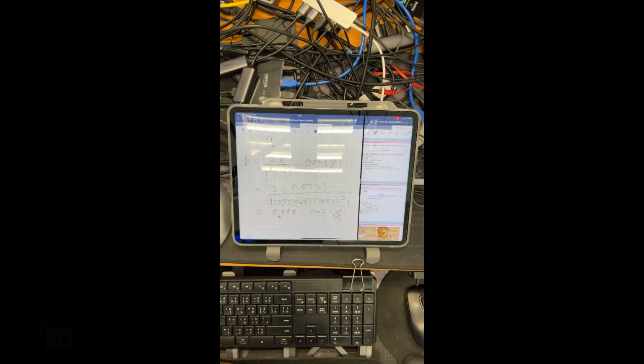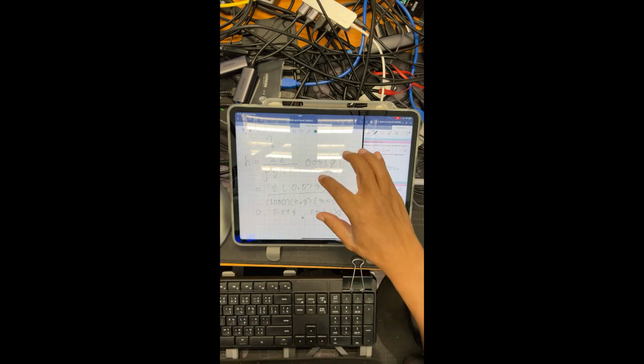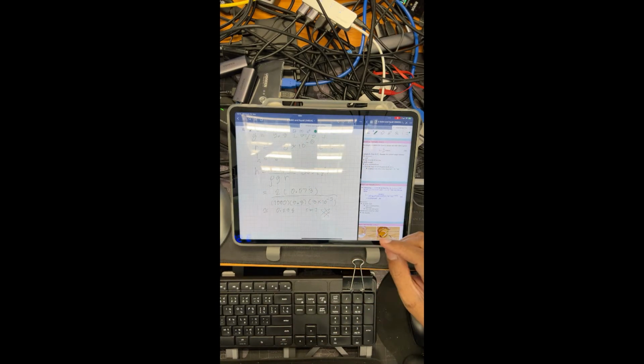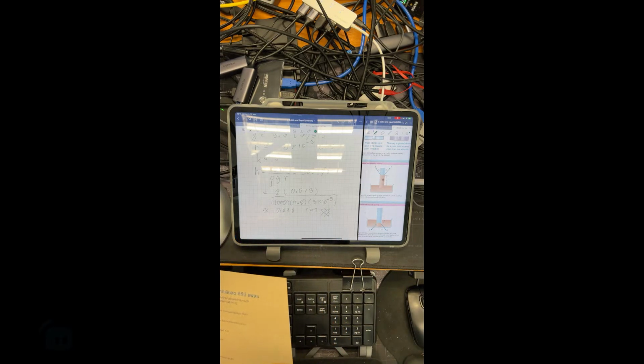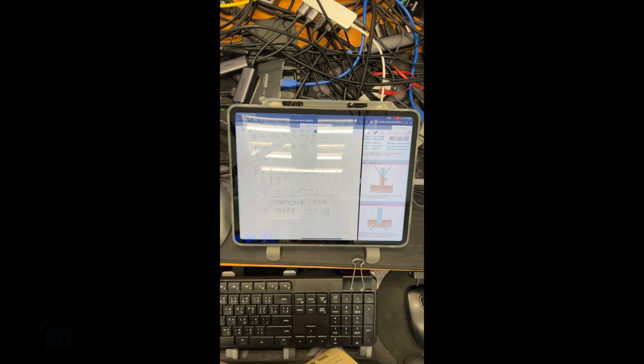In centimeter it's almost 30, and 30 centimeter is approximately 1 foot. So it's 29.8 centimeter, and that's the height that you can observe here, almost 30 centimeter.